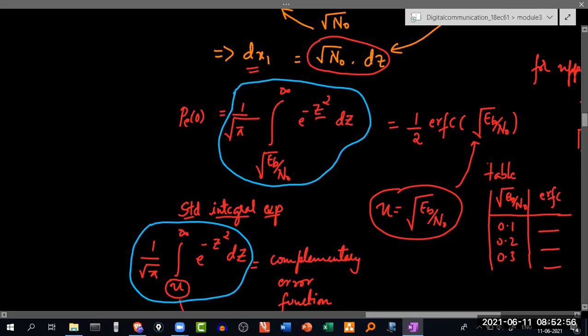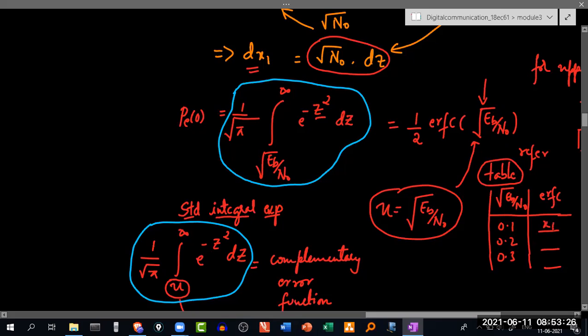All I got to do is measure the thing within the bracket, that is square root of EB by N naught. We'll get this value as a ratio or fractional form, and then refer this table to get its corresponding complementary error function value.